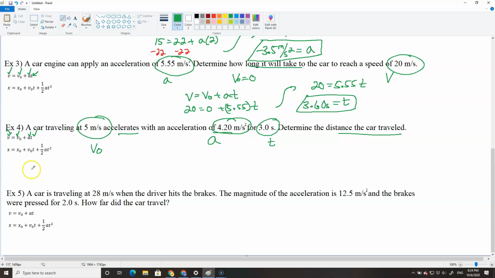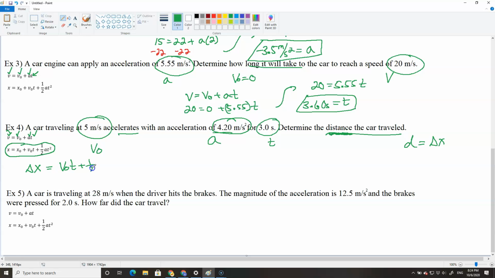So I could figure out what is the final velocity, but that's not what the question is asking me. It's asking me for the distance traveled. Well, if I'm traveling in a straight line, that means my distance is my displacement. So I'm going to go ahead and use the second equation. Not that there's anything wrong with the first equation, but the first equation doesn't tell me what I actually want to know, and that is delta x.